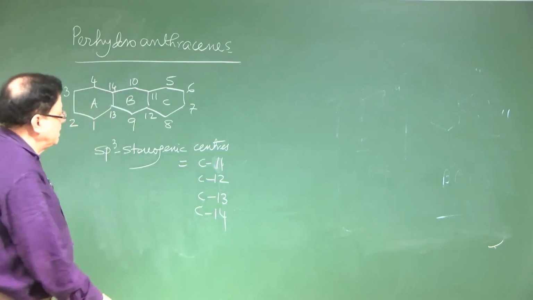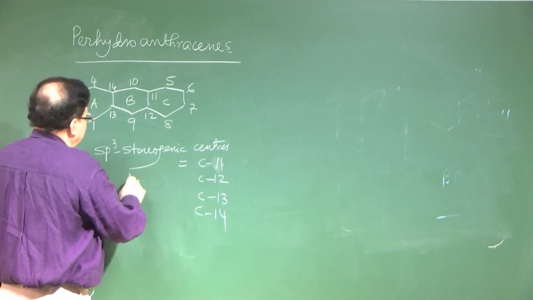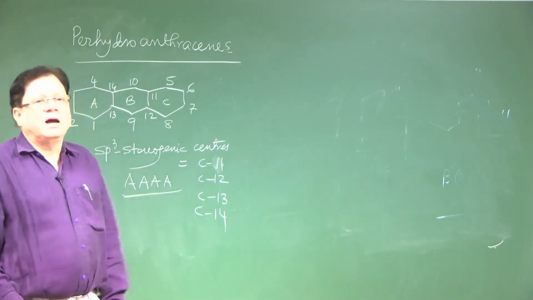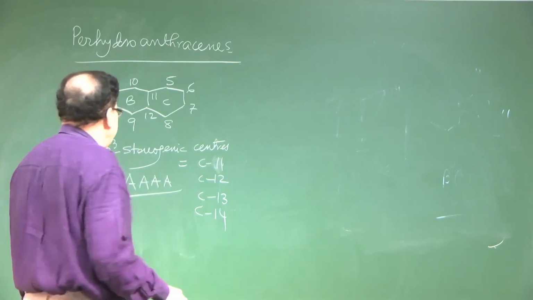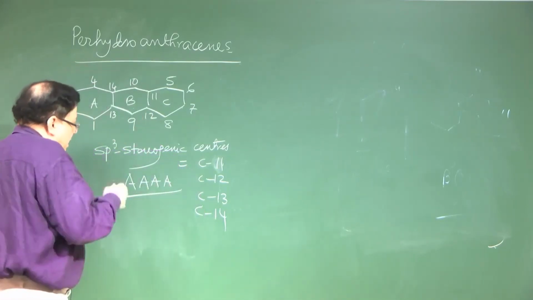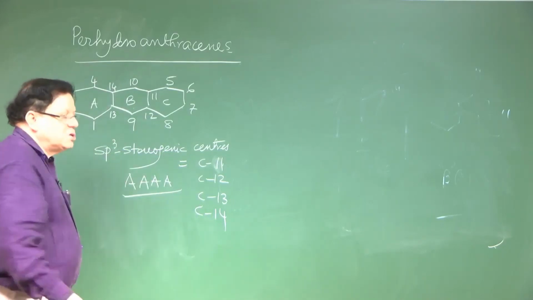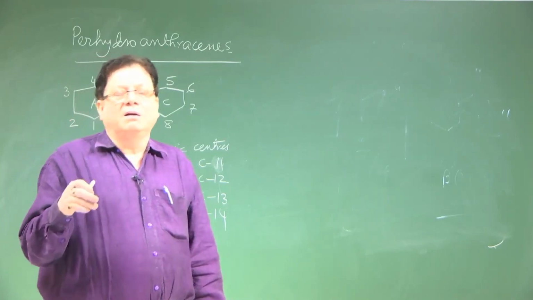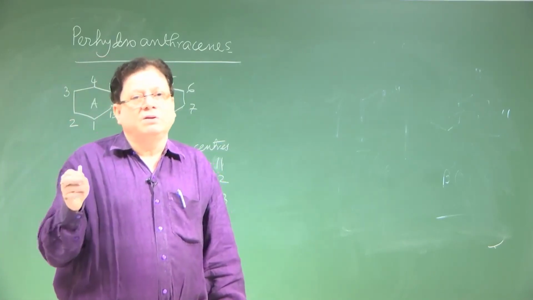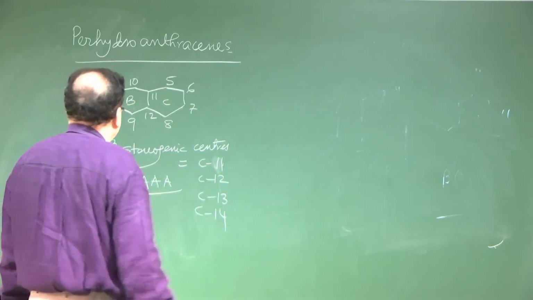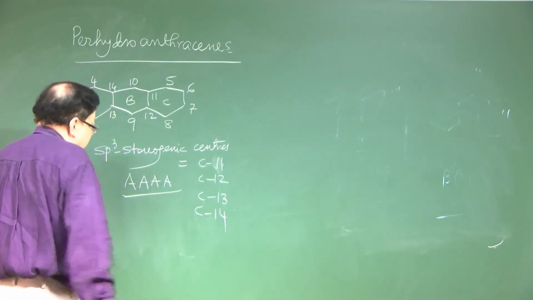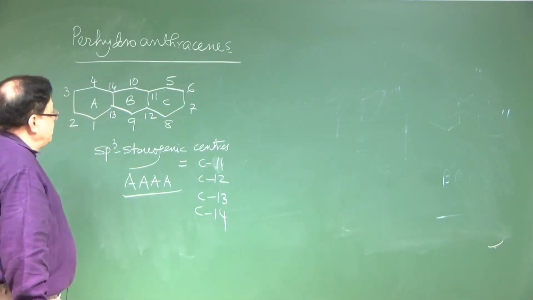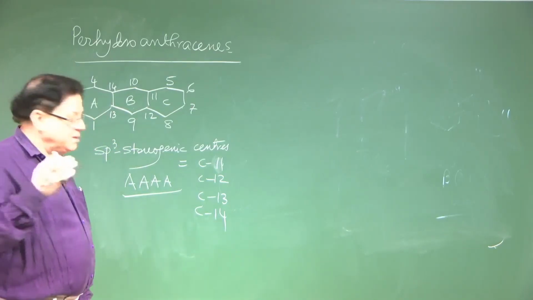These are the 4, but because they have similar type of atoms connected, this is an AAAA type molecule. Because of extreme similarity, that will reduce the number of isomers in comparison to the perhydrophenanthrenes. We will see what is the scenario here. We will go again step by step, like what we have done with perhydrophenanthrene.